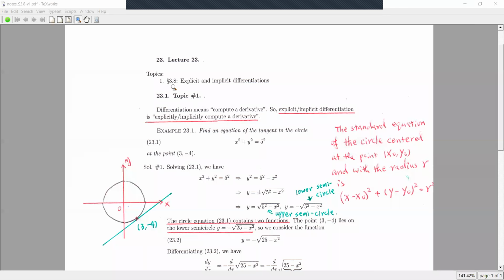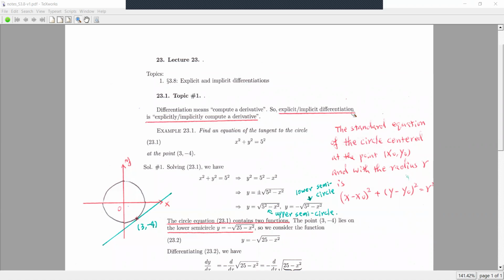Section 3.8, explicit and implicit differentiations. Recall that differentiation means compute a derivative. So explicit differentiation means explicitly compute a derivative.